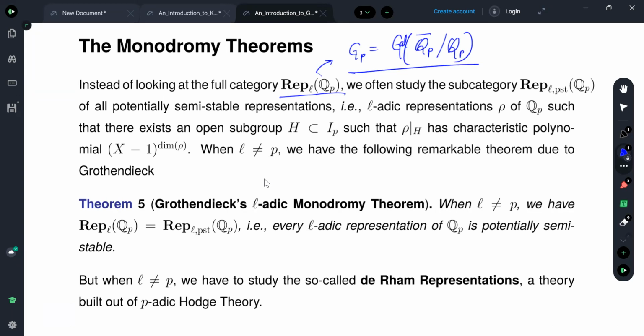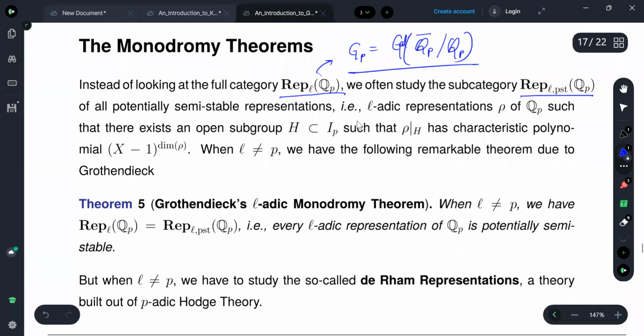So we sometimes look at the category of all l-adic potentially semi-stable representations. So what is a potentially semi-stable representation? If you take an l-adic representation rho of G_{Q_p}, then it will be called potentially semi-stable if you can find an open subgroup H of the inertia group at p, such that if you restrict rho to H, then its characteristic polynomial will be just (x minus 1) to the power dimension of rho.